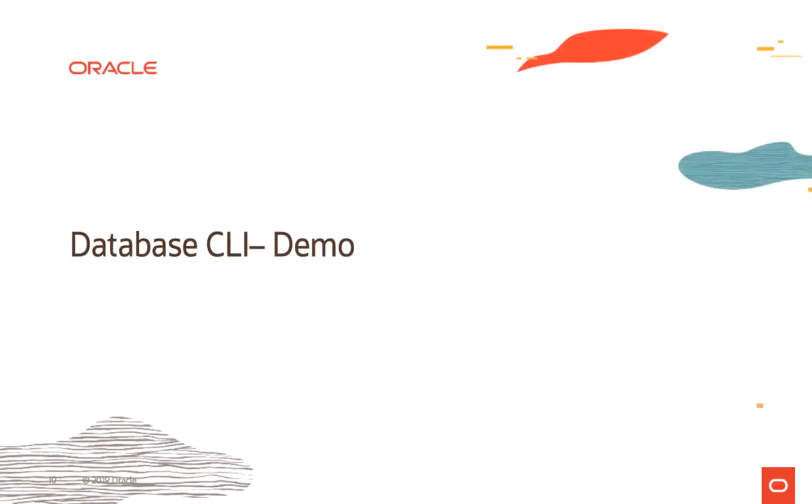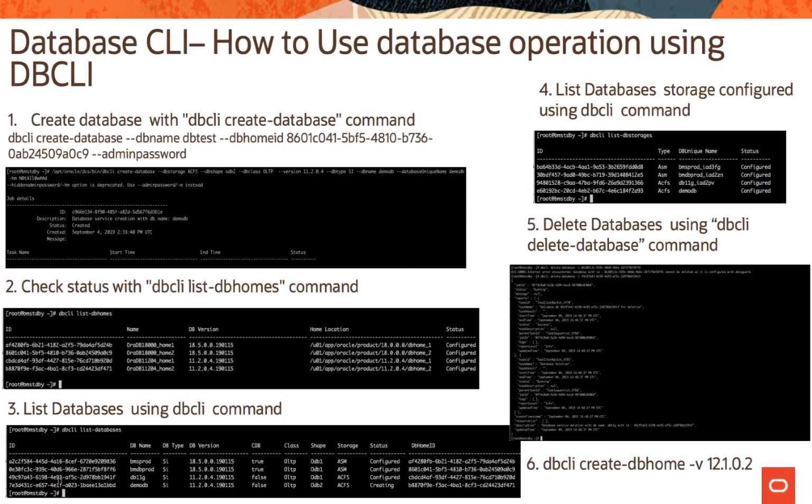So now let's take a look at a few of the command operations, like how these are done. The first example I'm showing you is creating a database, and you can use the DBCLI create database command. The syntax will look like DBCLI create database --dbname, where you specify the name of the database.